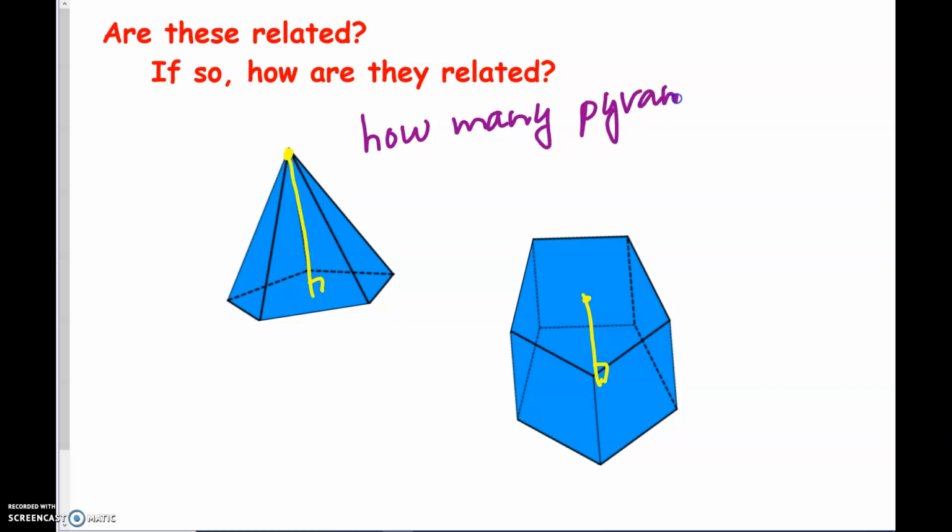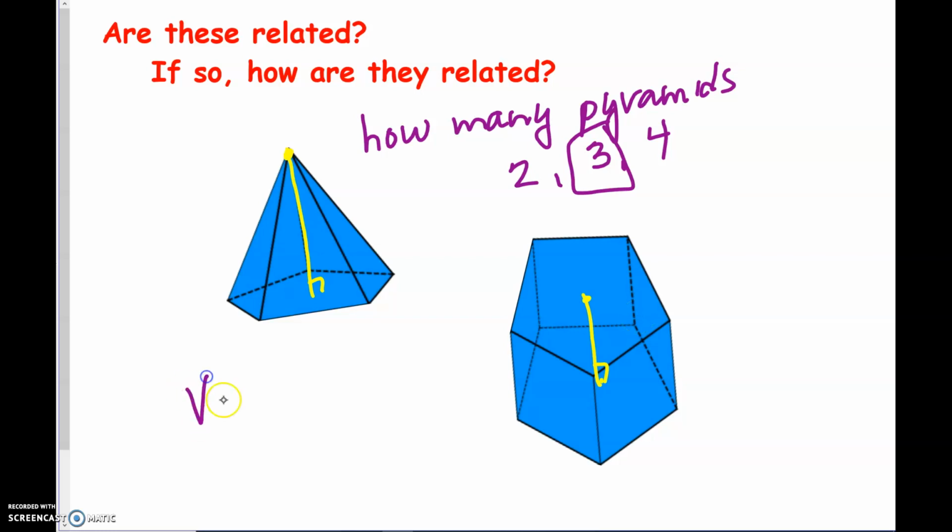Usually people guess anywhere between 2, 3, and occasionally 4. And actually what we find out by filling these up with water is that it is 3. 3 of these pyramids equals 1 of the volume.